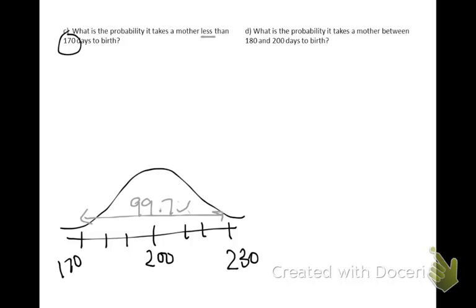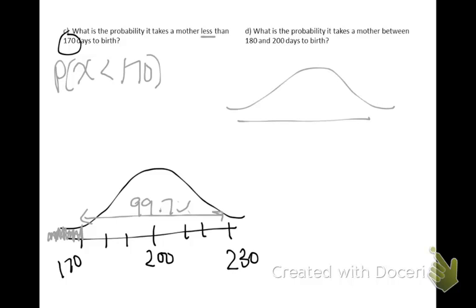We want to know the probability it takes less than 170 days. Shading this on the graph, that means we're looking for this value and below. Notationally, we're looking for the probability that x is less than 170. We know that the total area under the curve should be 100%, or 1. Out of this 100%, we know where 99.7% of it is.